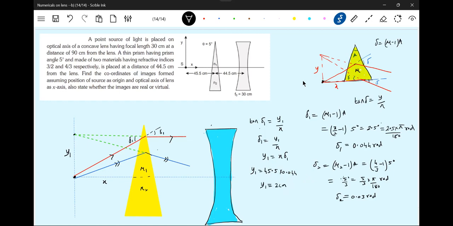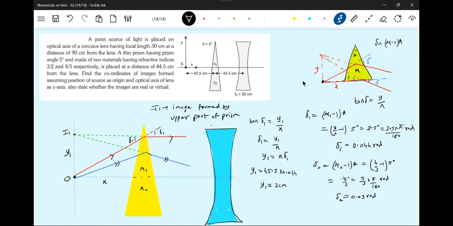That will be the image formed by the upper part of the prism. I1 is the image formed by the upper part of the prism.